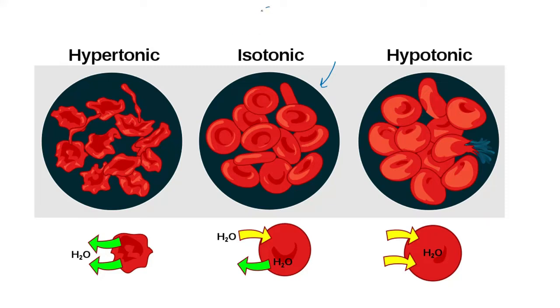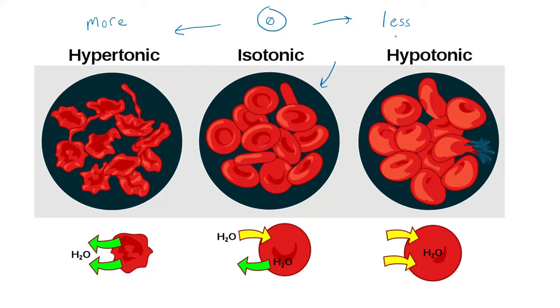Using the cell as a reference, and the inside of the cell, remember, as sort of zero, the amount of saltiness it should be, then over here to the left, that has more solutes in the solution. And the one over here, the hypotonic, has less solutes in solution.